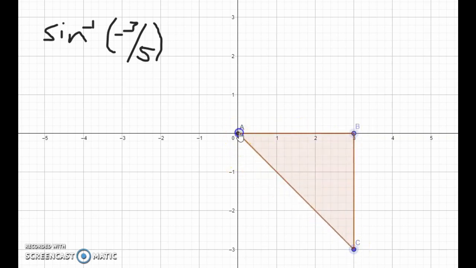So I'll just draw a triangle like that, and it's somewhere over here. Sine is opposite over hypotenuse, so that means this is negative 3, and this is 5. So what we're looking for is this side.